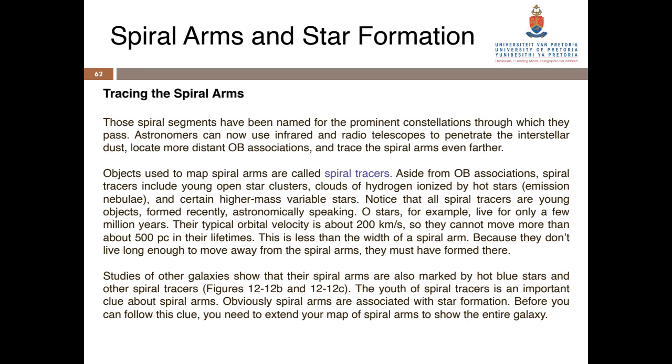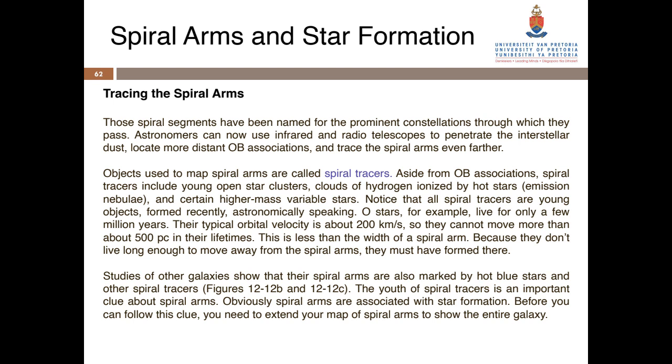O stars, for example, live only a few million years. Their typical orbital velocity is about 200 kilometers per second, so they cannot move more than about 500 parsecs in their lifetimes. This is less than the width of a spiral arm. Because they don't live long enough to move away from the spiral arms, they must have formed there.